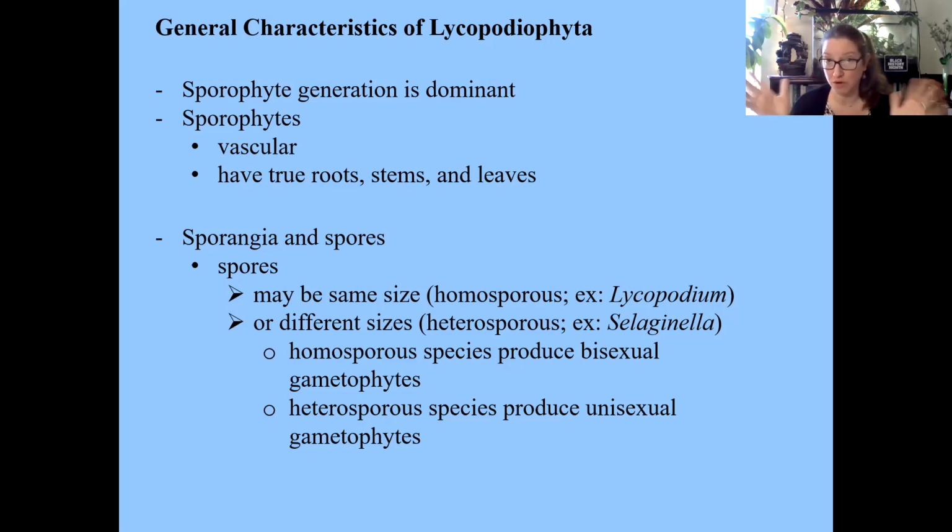And in general, homosporous spores produce bisexual gametophytes. Meaning homosporous spores grow into gametophytes that have both male and female sex organs on the same plant. If you have both sex organs growing on one plant, we might call that monoecious.